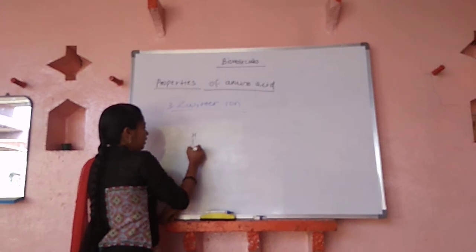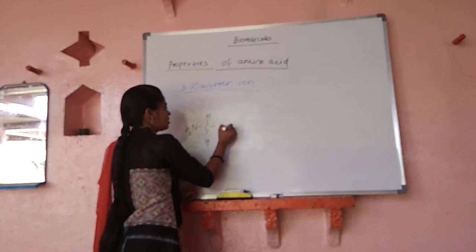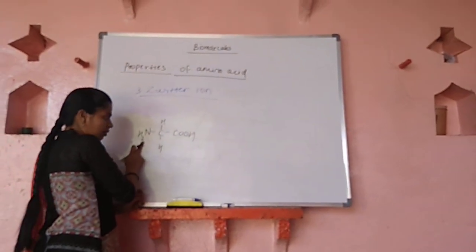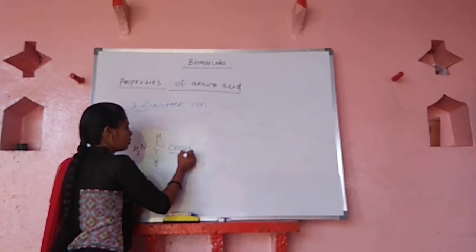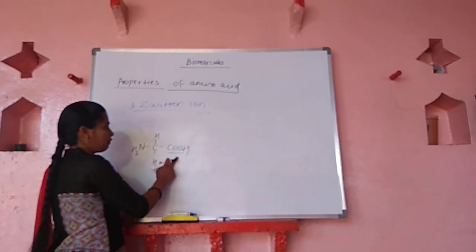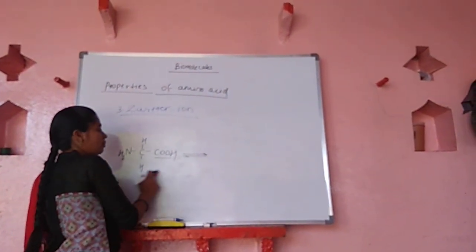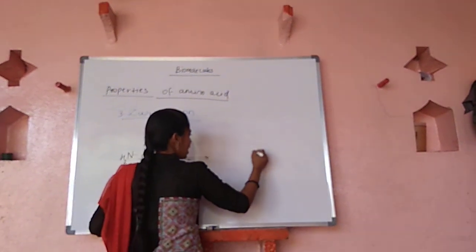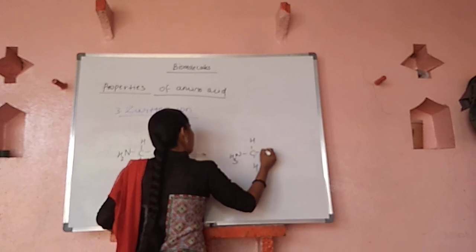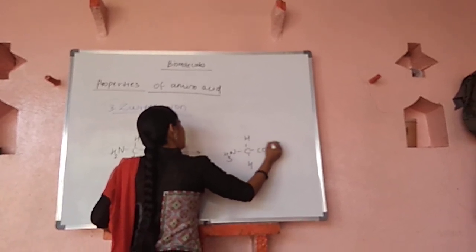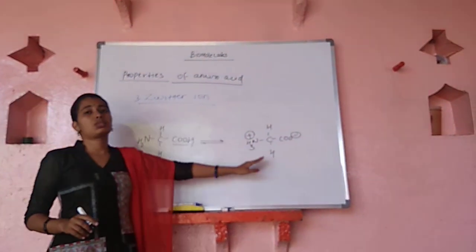See here, taking glycine, this is the amine group and this is the acid group. The acid group gives its proton and forms a negative charge, whereas the amine group takes the proton and forms a positive charge, and it forms a dipole. A compound containing a dipole, we call it a Zwitter ion.